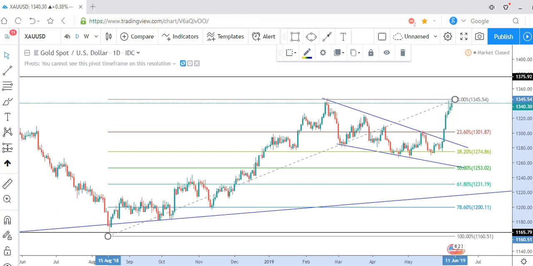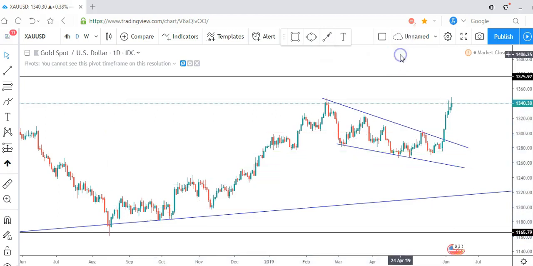You will realize that this point here is a 38.2% retracement level. So you see how I'm confirming the trend and the trade direction with other technical tools. Let me take this off. I need a clean chart.